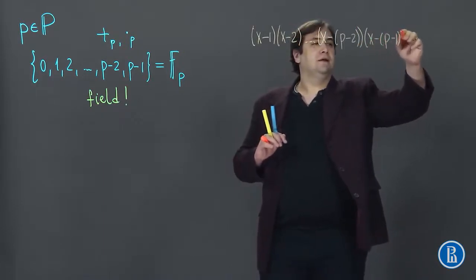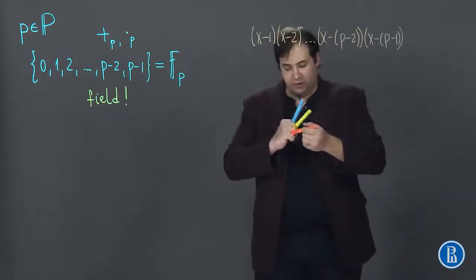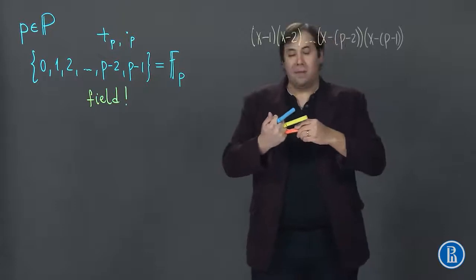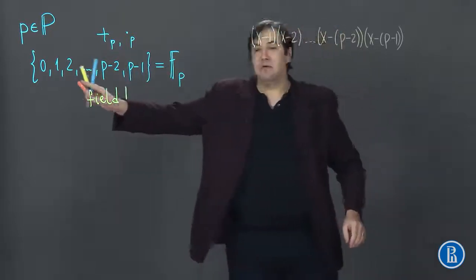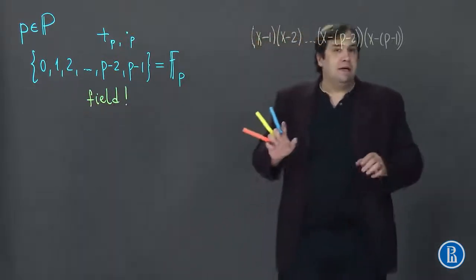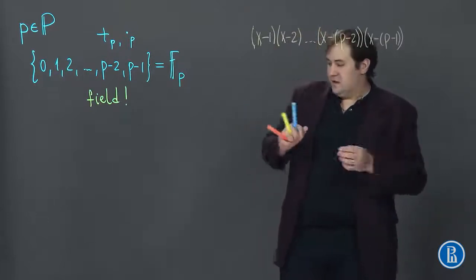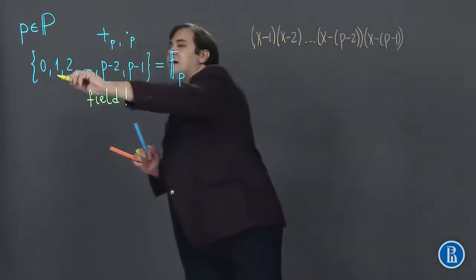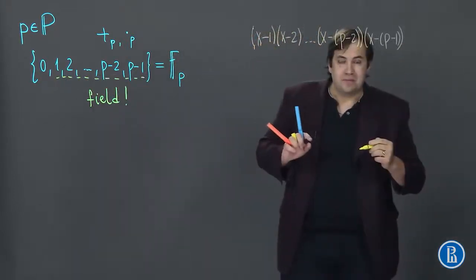So you may have noticed that this polynomial is the product of all brackets of the form x minus one of the elements except for 0. Well, it's obvious that all these elements are zeros of this polynomial.